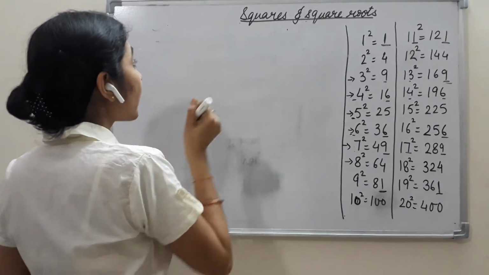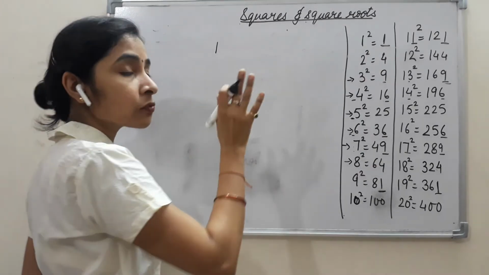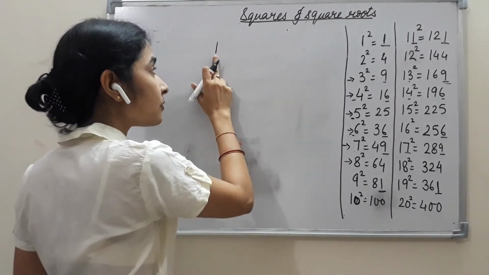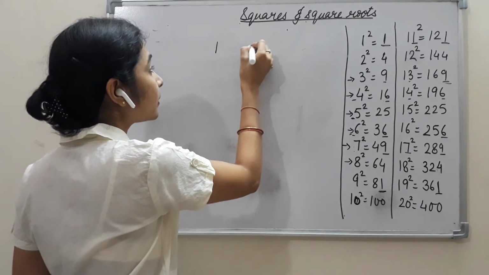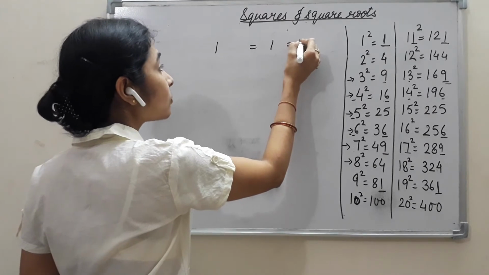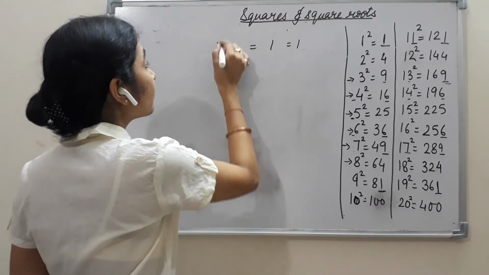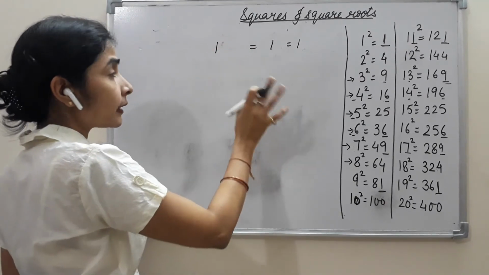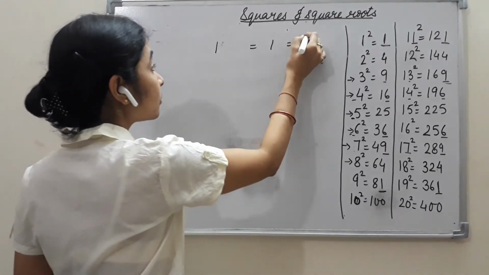If I take the square of 1, then up to 1 only one odd number comes, and that is 1. So the square of 1 is also 1. We are not adding anything here. So that is equal to 1 square.